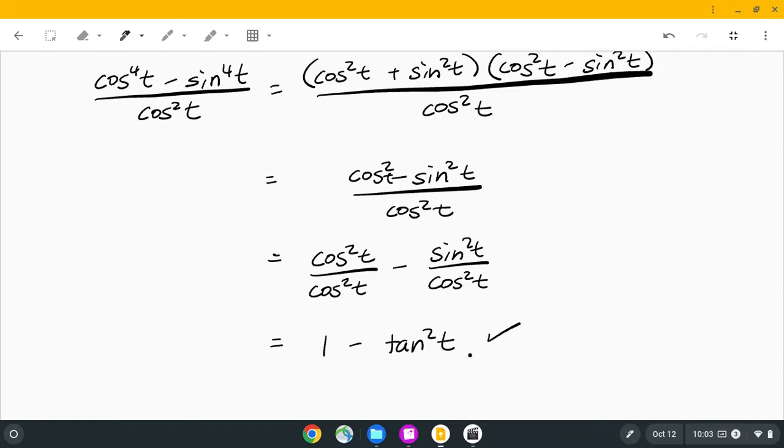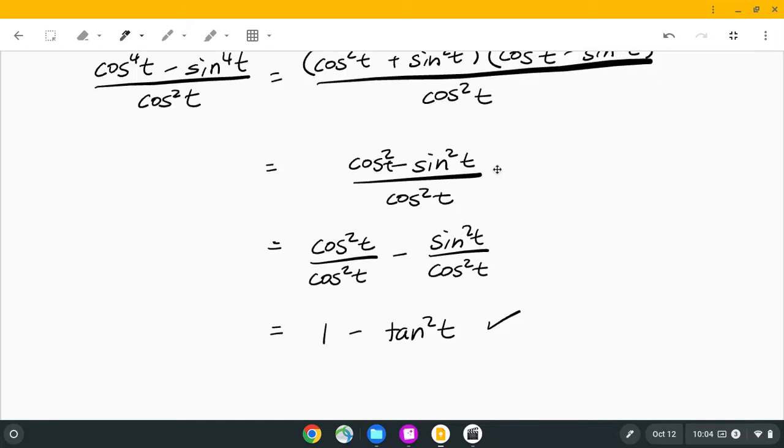It would be nice if you got here in the most efficient way, which is the least amount of steps. But sometimes it's not obvious. Maybe one of you will get it in a few steps, and then somebody else got it in 10 steps. So long as your final answer looks like the other side, you're fine.